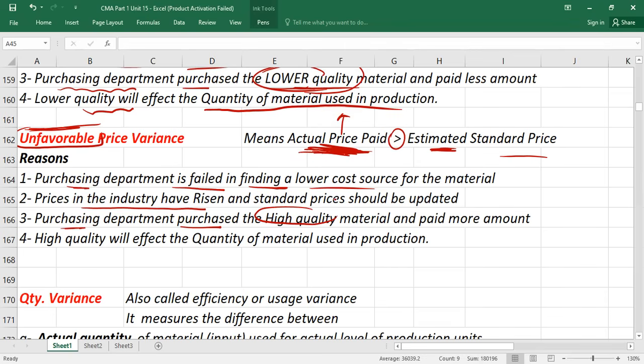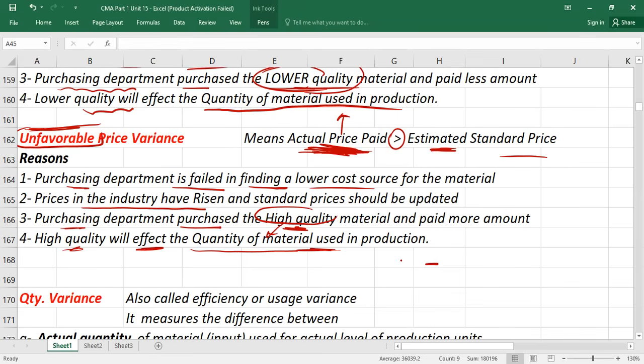This is the reason for the unfavorable variance, but this reason has a very positive effect on the usage of material in the production. Because when you buy high quality material, it will affect the quantity of material used in the production, since there will be less wastage.